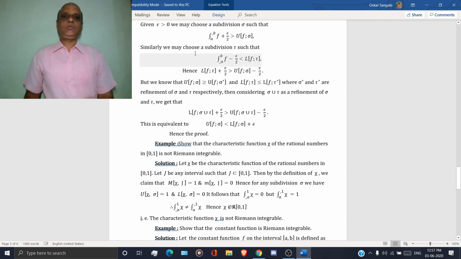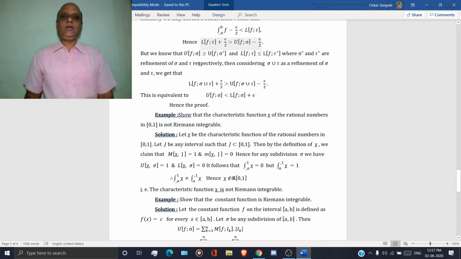Similarly, we choose a subdivision tau such that the lower integral from a to b of f minus epsilon by 2 is less than the lower sum for f corresponding to subdivision tau.